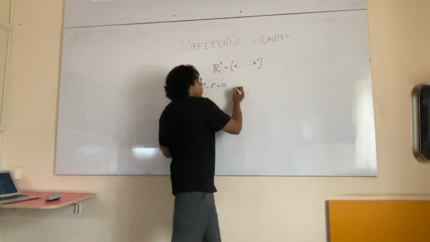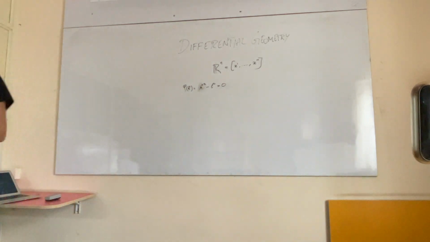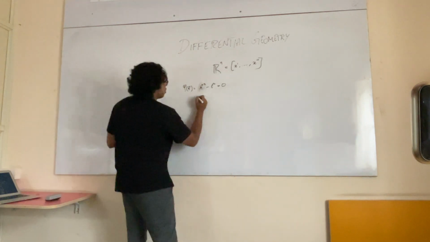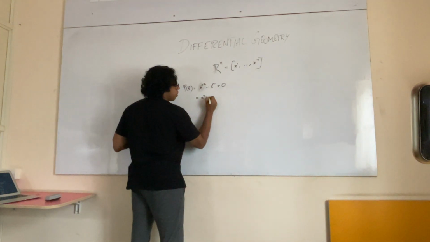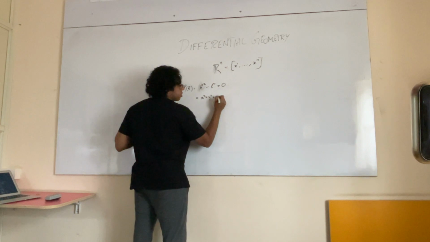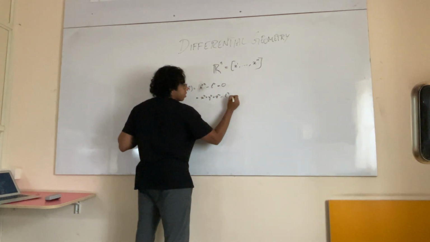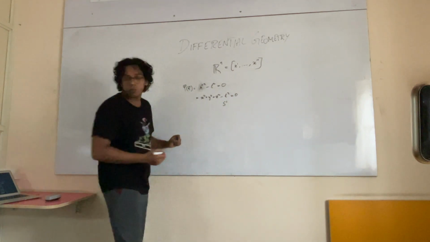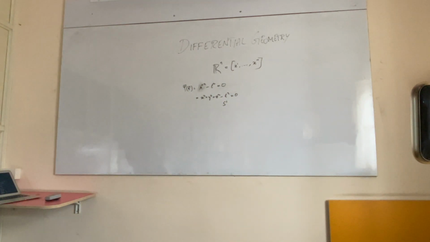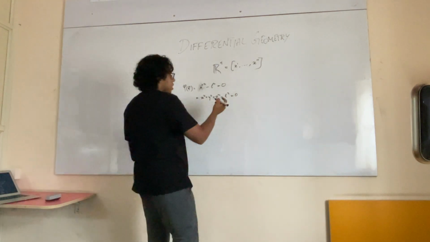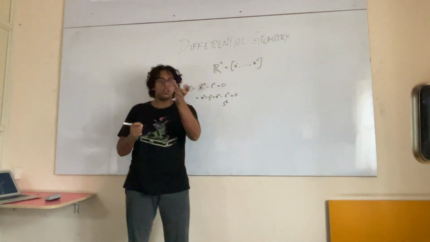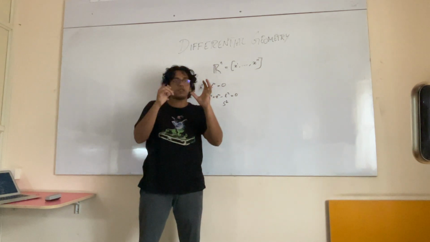So this equation can be written down as x squared plus y squared plus z squared minus L squared equals 0, which is S2, a sphere. So you have the surface of a sphere in 3 dimensions.